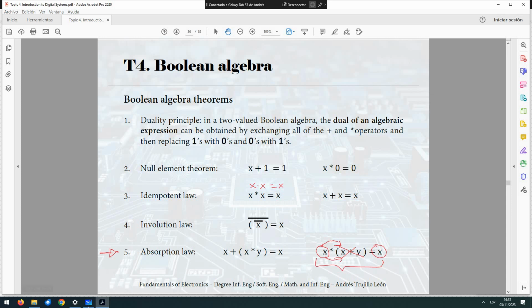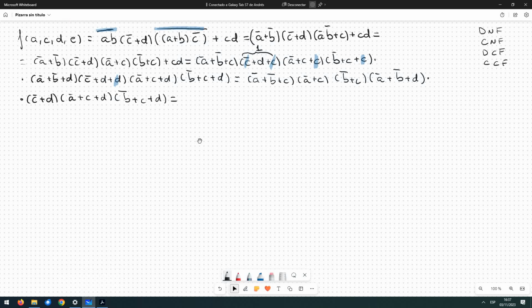We are going to see if we have some terms that are suitable for this absorption law, and we have some of them. For example, if we pay attention to this sum term, A negated plus C, we can find A negated plus C here.